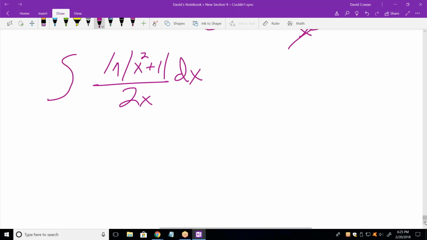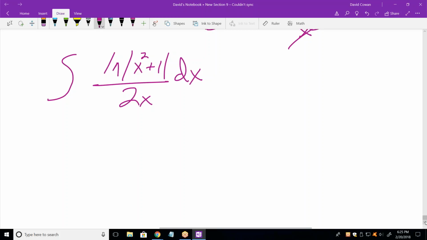But normally I would want this 2x to be multiplying. But because it's natural log, it's going to go in the other way. In other words, I don't want to use natural log. Darn. I don't think this is the problem I'm looking for.